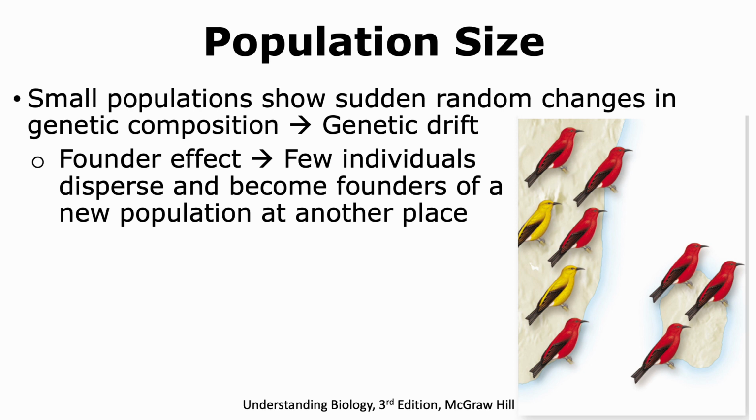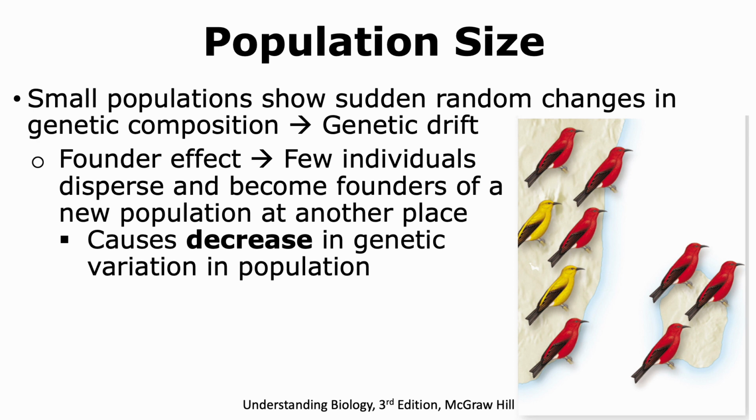This is a situation where a few individuals from a population leave that population, move to another place, and become founders of the population at that different place. The progeny formed from these few founding members will not have a lot of genetic variation, and hence the founder effect causes a decrease in genetic variation in the population.